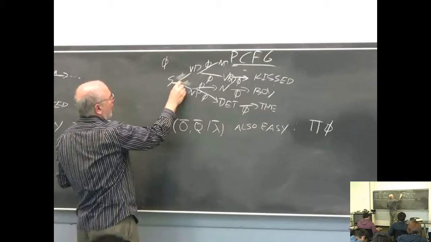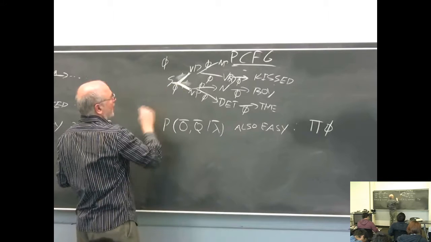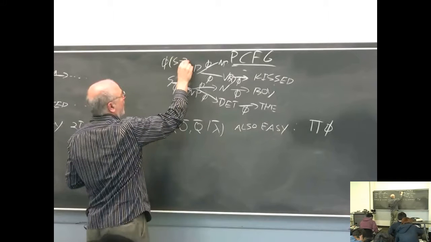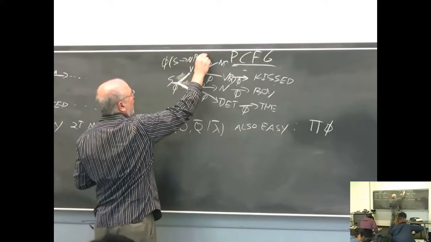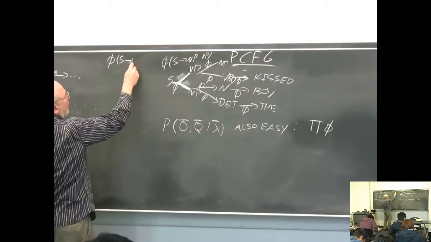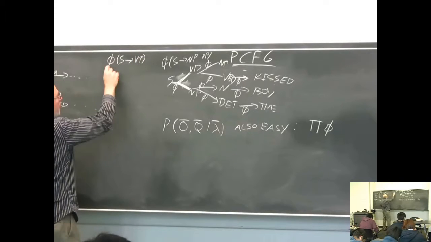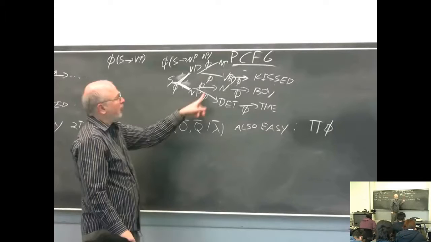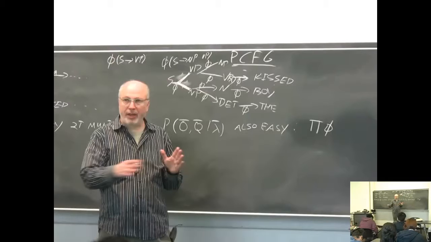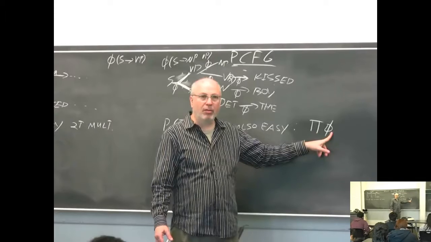So maybe I should put it like this particular split, and it sits here. This is the phi of S becoming NP-VP. And there may be another phi of S becoming something else, maybe just a VP. So there's one for each one of them. But basically, if you're given the model and a fully annotated tree, you can just multiply the appropriate phis, right? Easy.